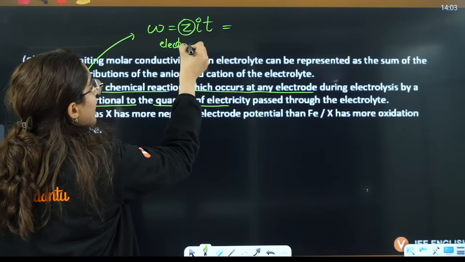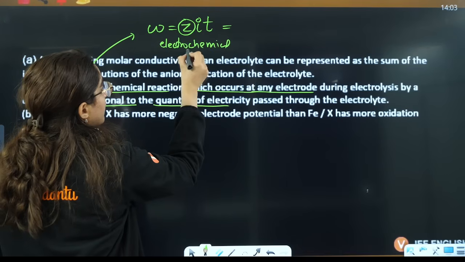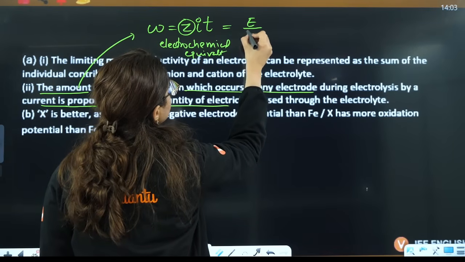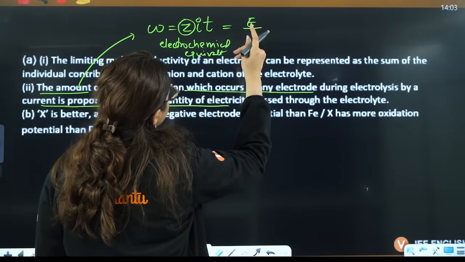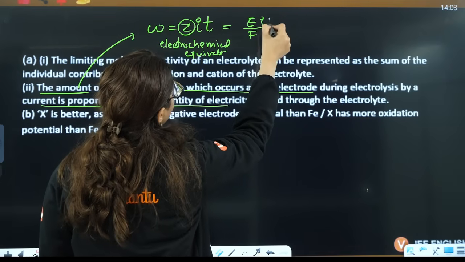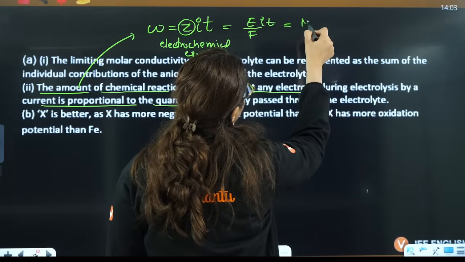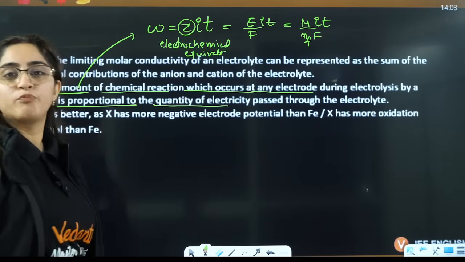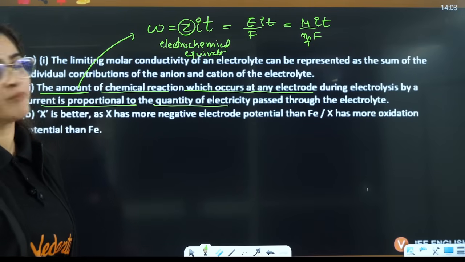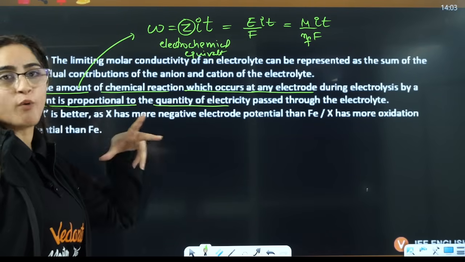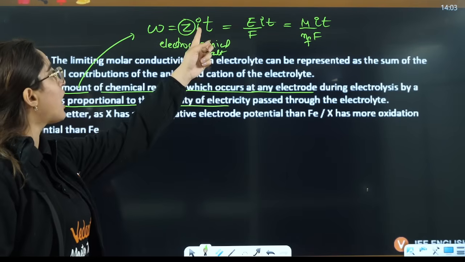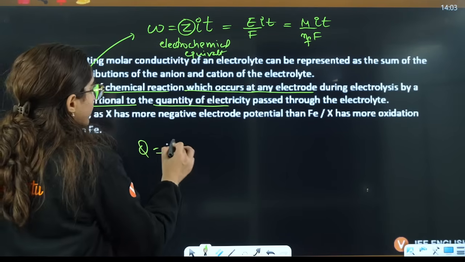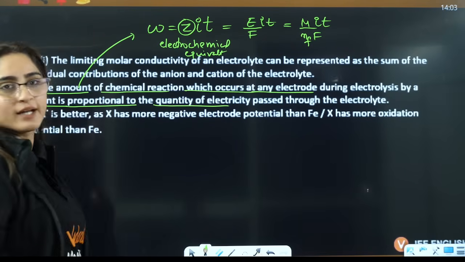Write it down in the exam. Electrochemical equivalent is nothing but equivalent mass by Faraday, and equivalent mass is nothing but molar mass by n factor. So W is equal to molar mass by n factor into Faraday into It. This will become the full-fledged formula of the first law, where W is the weight deposited that is dependent upon the charge. Charge is nothing but It, that is Q, because Q is equal to current into time. So that's why I have directly written It here.